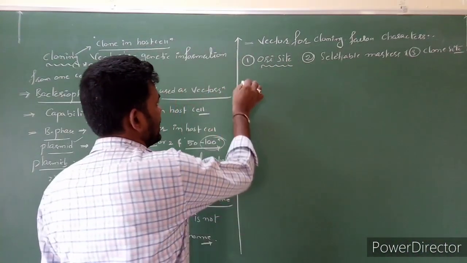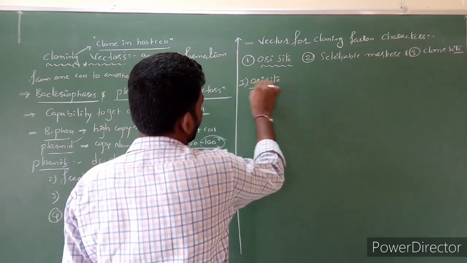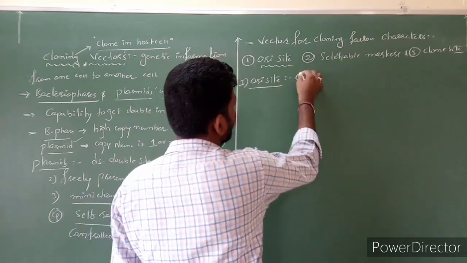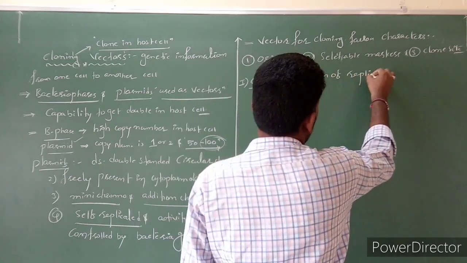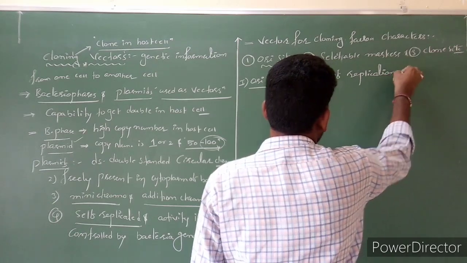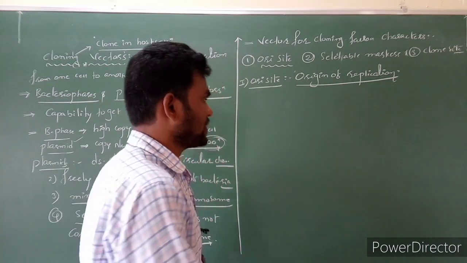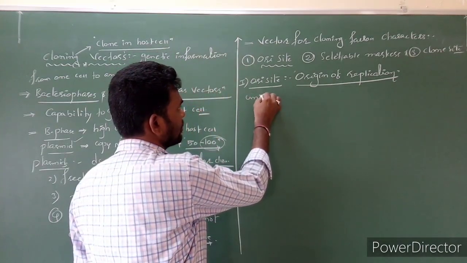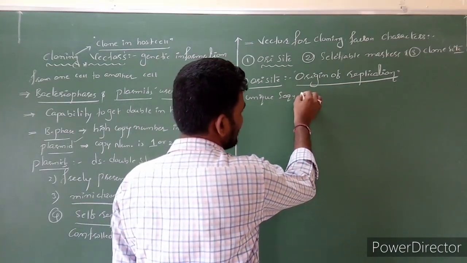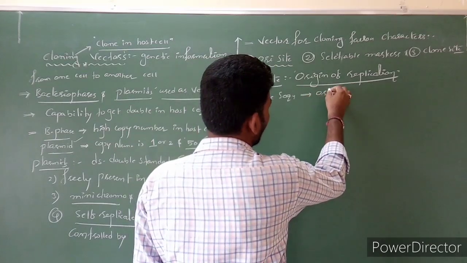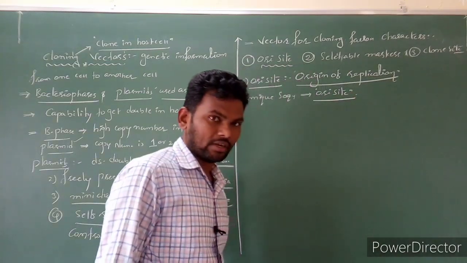The first one, the ORI site, is nothing but origin of replication. The replication always starts from one special or unique sequence. Such a unique sequence is called the ORI site.